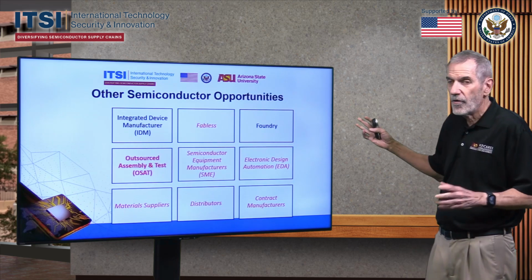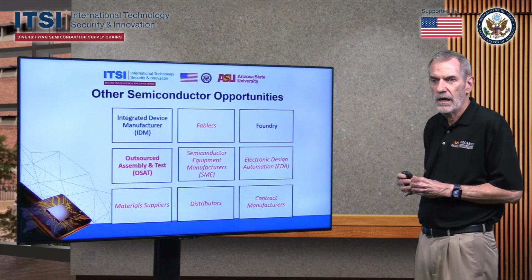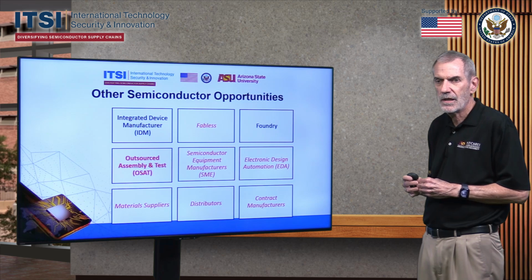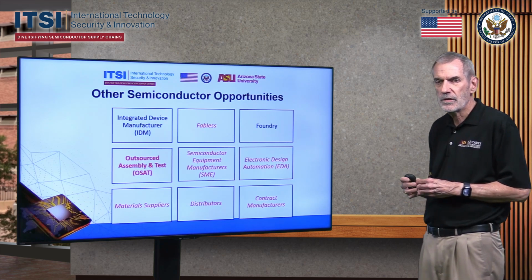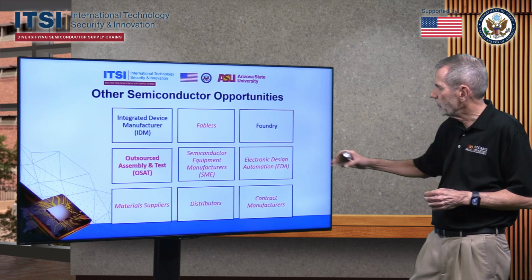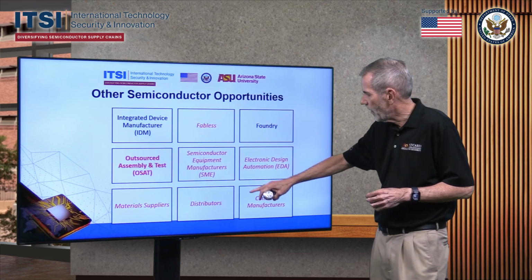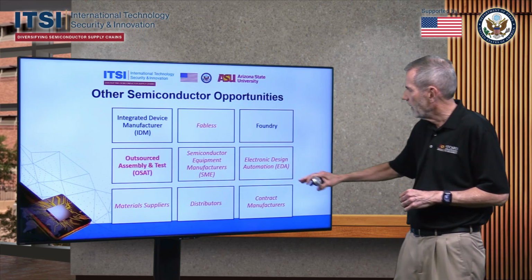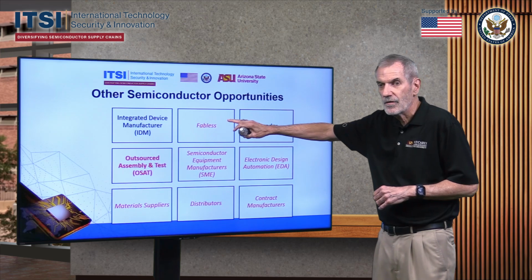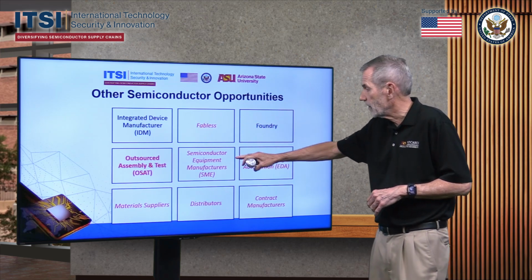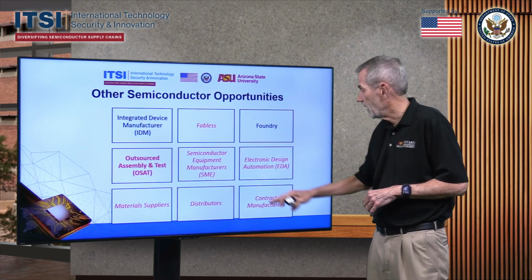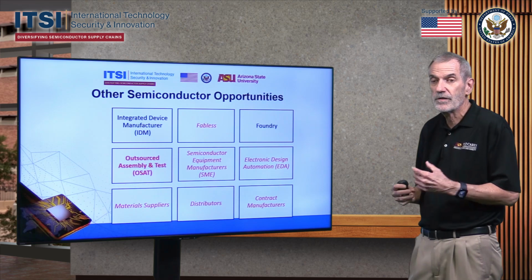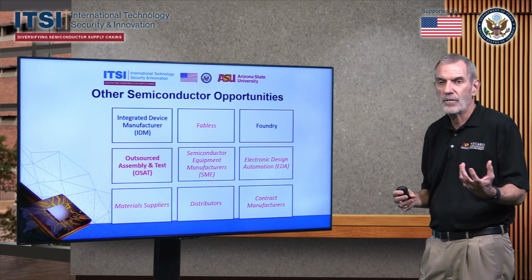So these are the other opportunities that I show for companies in the ITSI countries. Those are in italics and in red, a little bit lighter shade of red, not bolded. There are opportunities in design. There are opportunities in helping make equipment, even if it's not making the final piece of equipment.